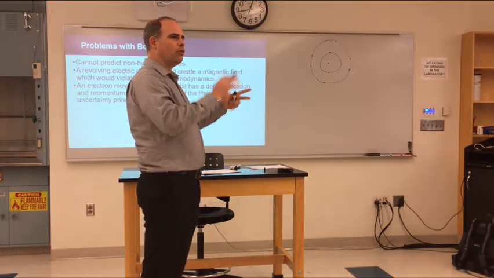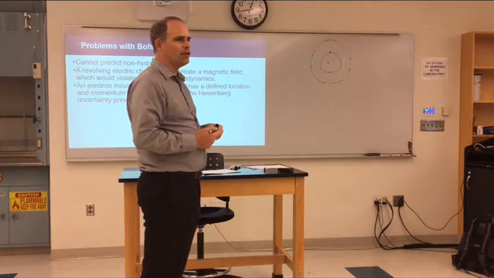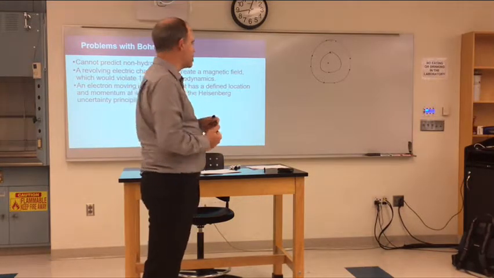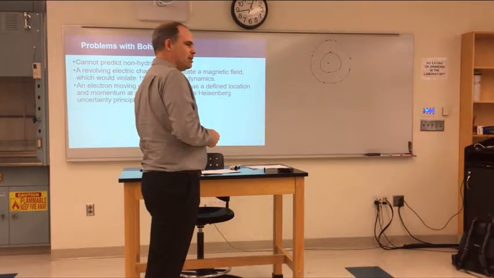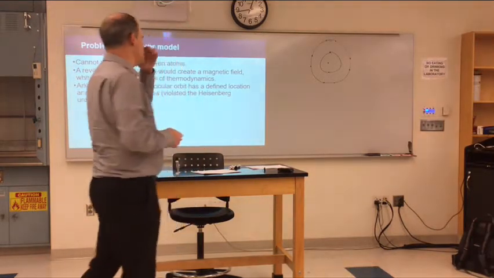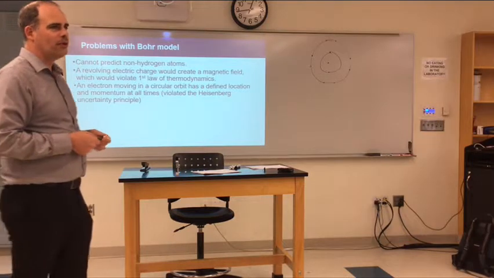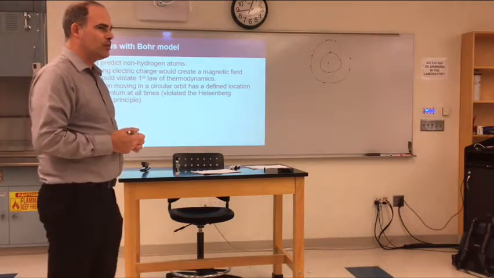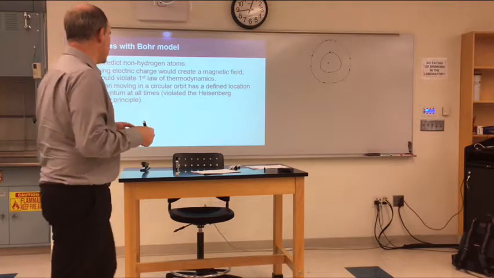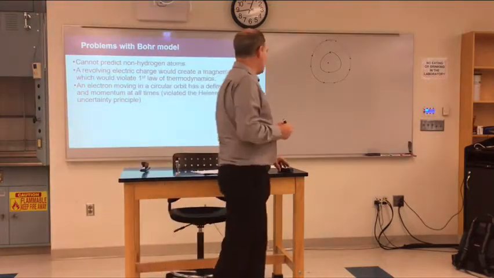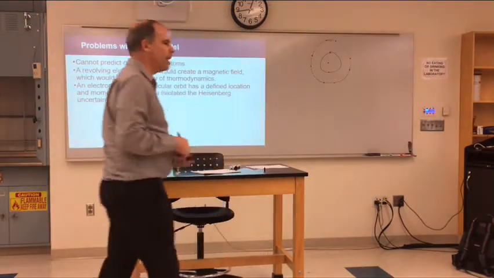We're going to graph those and you're going to see where they actually come from, the magic behind why they look the way they do, why there's a dumbbell, and what the difference is between a 1s and a 2s orbital. There's actually a huge difference between them, but they look the same if you look at the books. So we're going to get into all that. But the Bohr model had some issues.